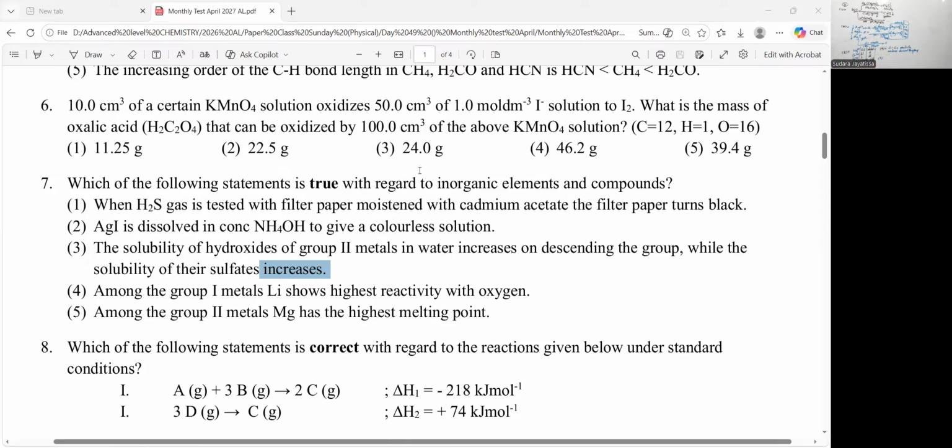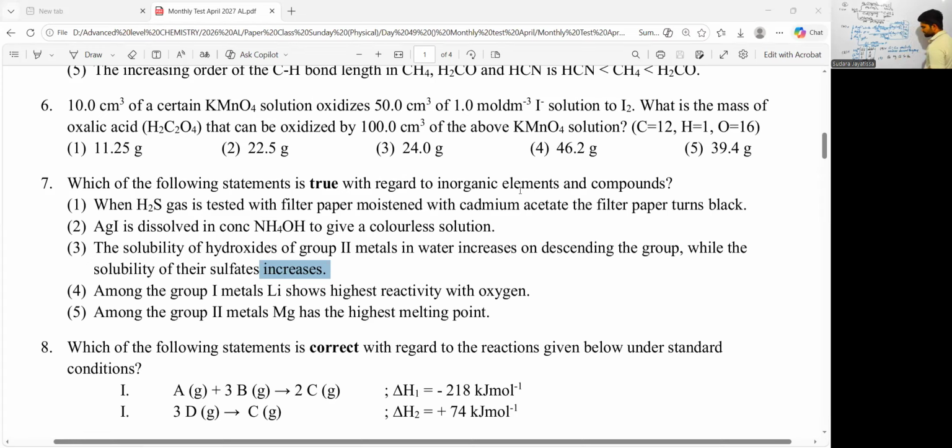And look at the last statement. Among the group 2 metals, magnesium has the highest melting point. That one is again wrong. If you take group 2 metals, it is starting from beryllium, magnesium, then you have calcium, strontium, and barium.